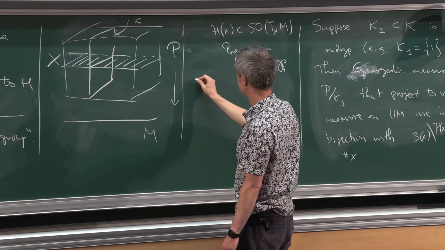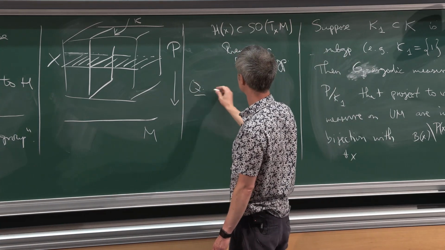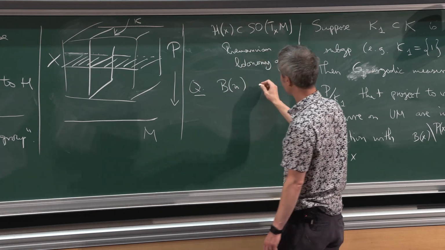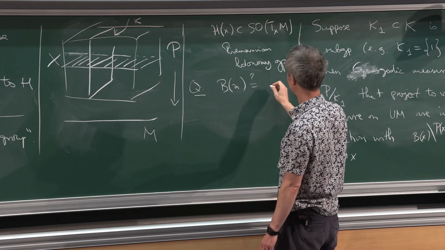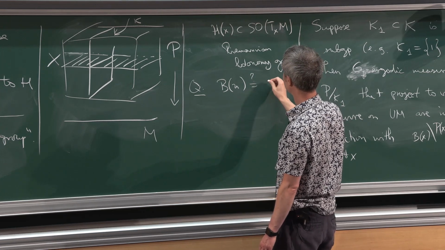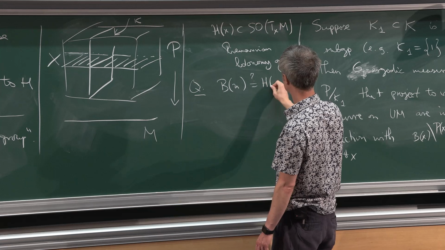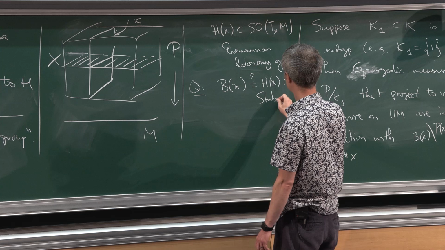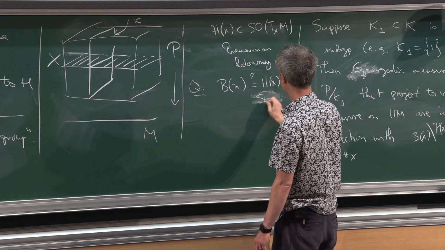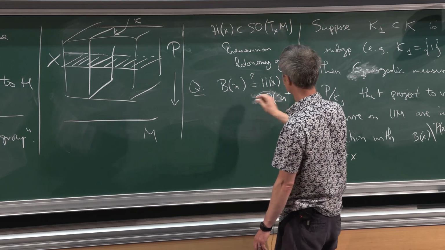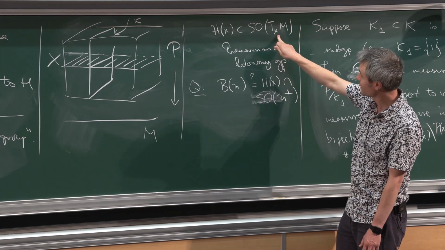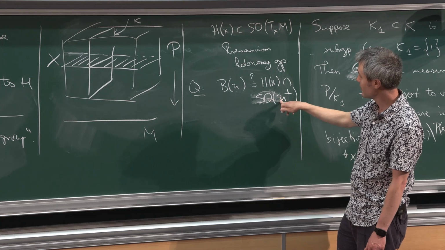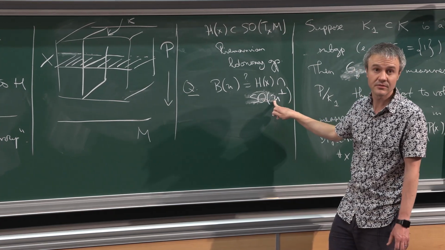And then the question is: is the Brin group at a point u equal to this h of x intersected with the stabilizer, SO of u perp? So now u is a tangent vector sitting above x, and I take this holonomy group and intersect it with the perpendicular.